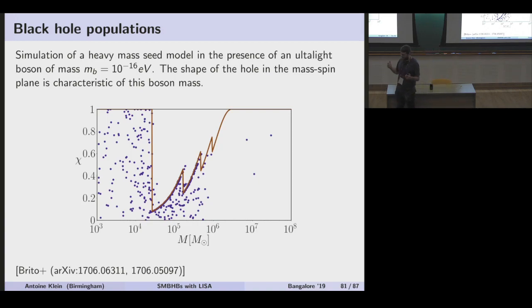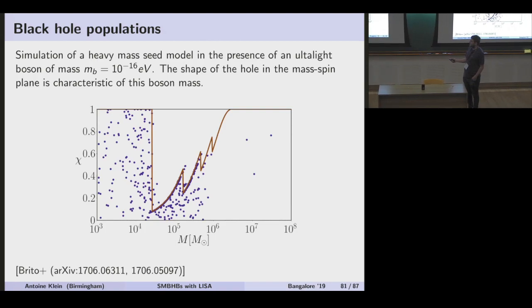So there are supermassive black hole spin measurements from X-rays, I believe, and you can use them to constrain your boson masses. But I don't think that you have any spin measurements at say 10 to the 4, 10 to the 5 solar masses.